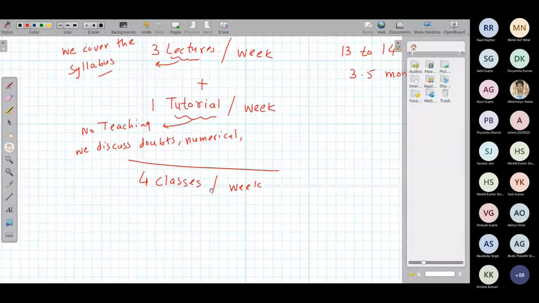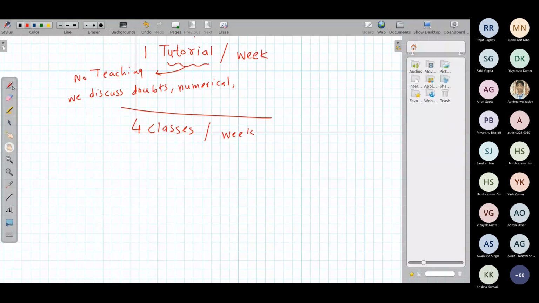This is one thing. Another thing, and some of you might be worried about it, is the numbering of groups. Like you are I group.